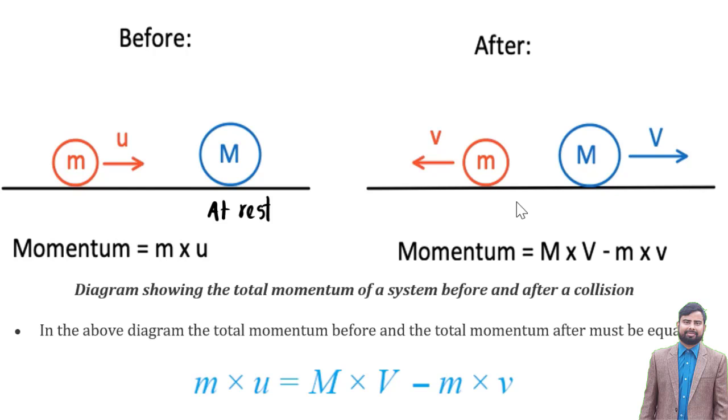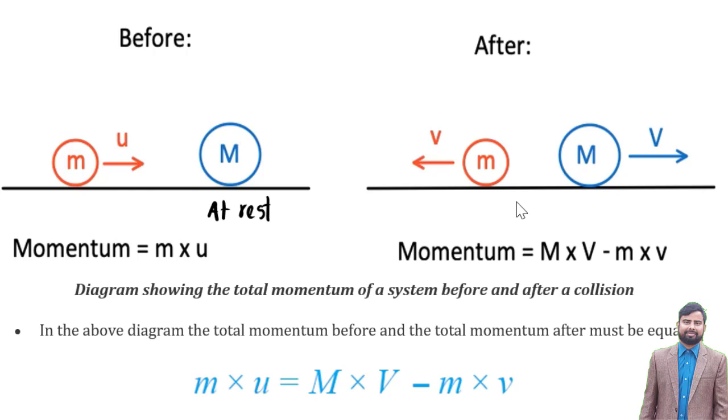On the other hand, after collision, the smaller object, the red one, moves in the left direction with a final velocity small v, and the blue one whose mass is capital M moves in the right direction with a velocity capital V. Then total momentum before collision is equal to small m into small u, because it is initial momentum.